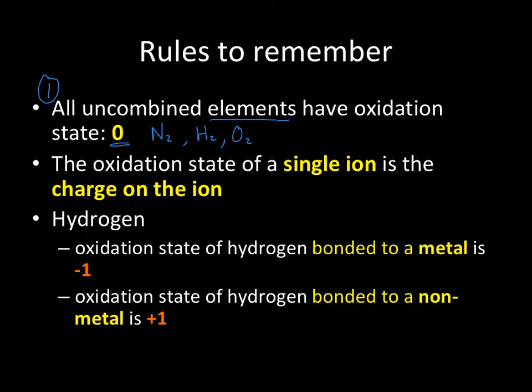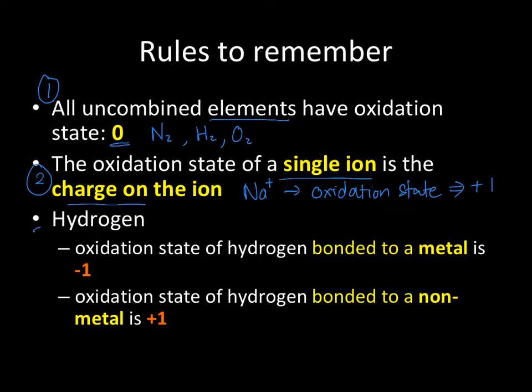Okay? Rule number 2, the oxidation state of an ion is just the charge on the ion. For example, on a sodium ion, the oxidation state would be positive 1. Okay? Now, rule number 3 is related to hydrogen.